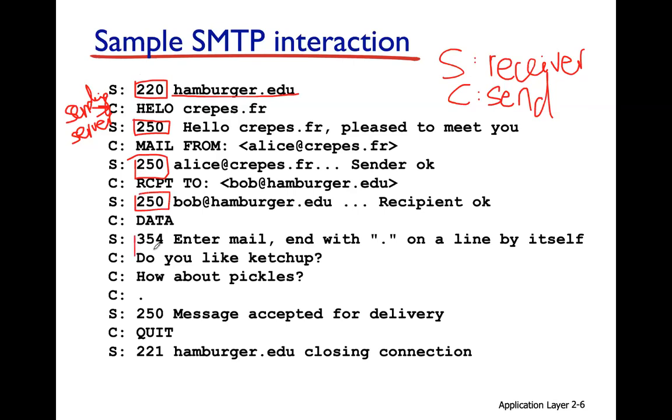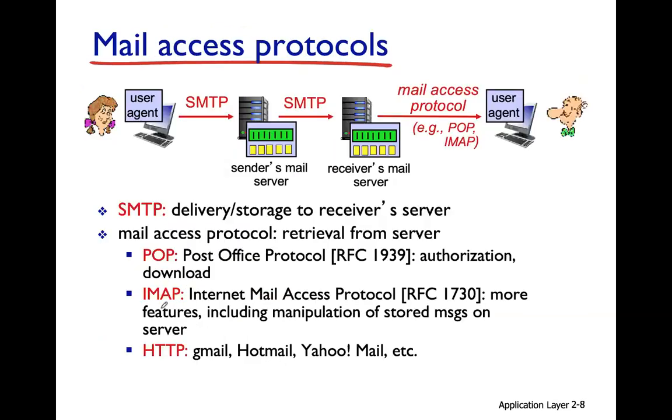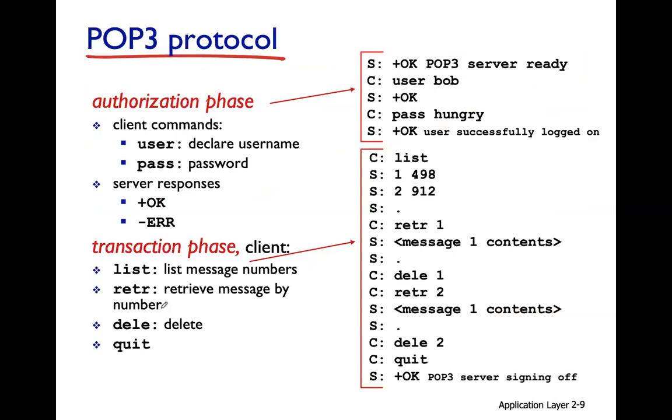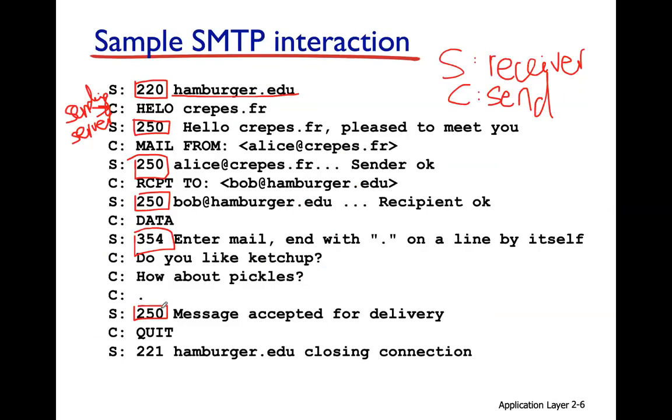So 220 means it's available, the mail server is active and now working.